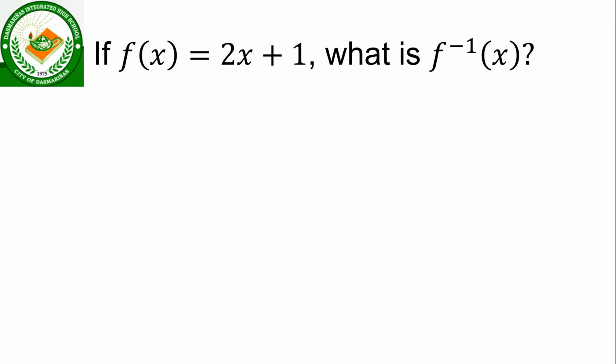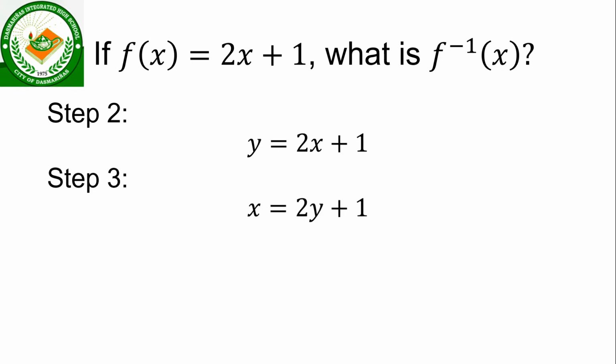So, if f of x equals 2x plus 1, what is the inverse function of f of x? So, I will go directly to step 2 because we already proved that f of x equals 2x plus 1 is a one-to-one function. So, I replace f of x by y.